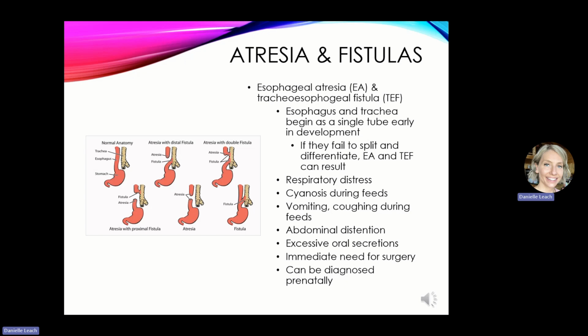And then a fistula is where there's basically a new route that something has taken. So in this case, again, it's usually the esophagus that takes a wrong route and is attached to the trachea. So when humans are developing, basically the esophagus and the trachea begin as one single tube, and then after a certain time period, they differentiate and split off into two separate tubes.